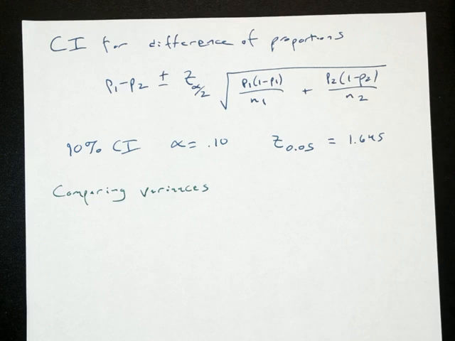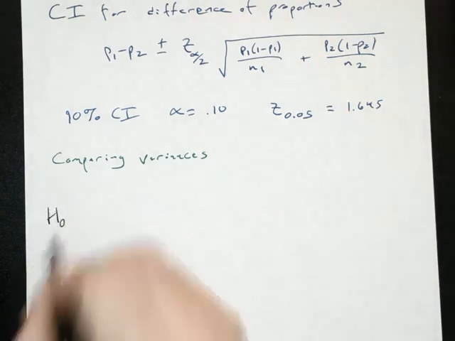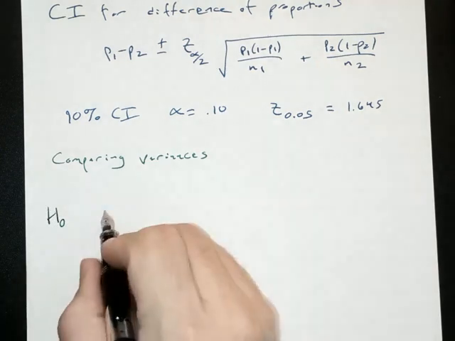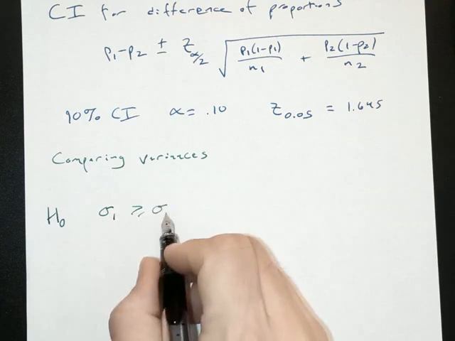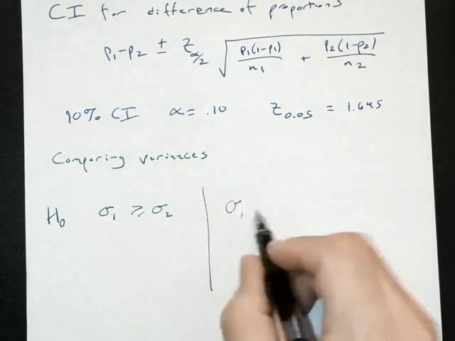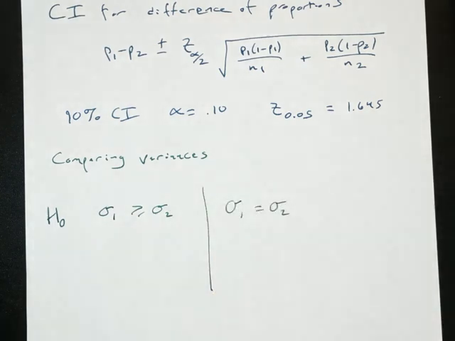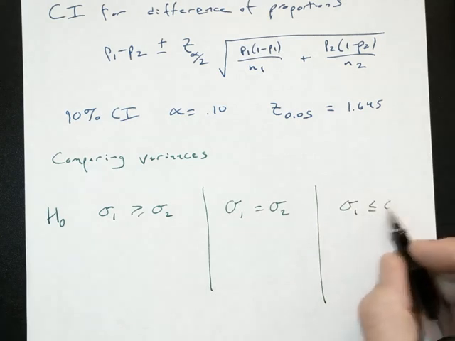Again, I'm going to try and do tests. And my tests are based off of my null hypothesis. I'm either going to assume that the first standard deviation is bigger than the second one, or the first standard deviation is equal to the second one, or that the first standard deviation is smaller than the second one.